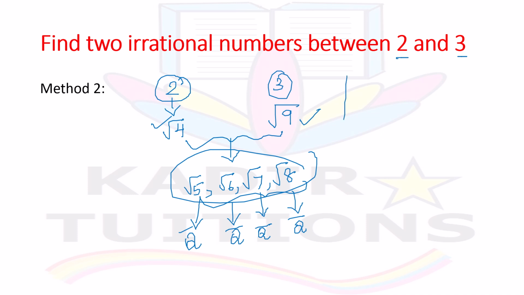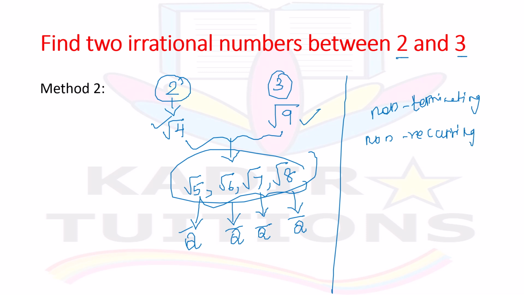One more method: we know that an irrational number is non-terminating and non-recurring, that means it should not terminate and it should not repeat. First take a number line, with 2 on the leftmost and 3 on the rightmost. In between we have 2.1, 2.2 like that.